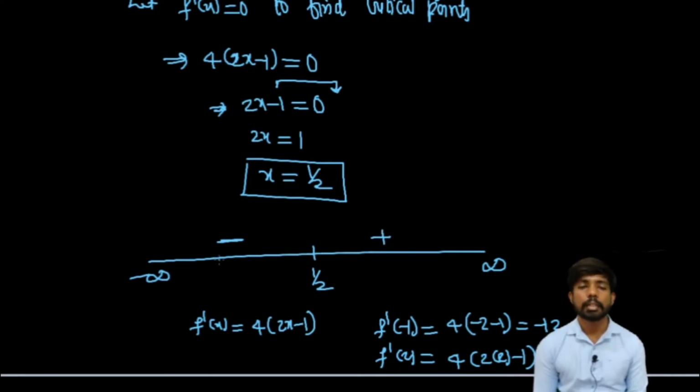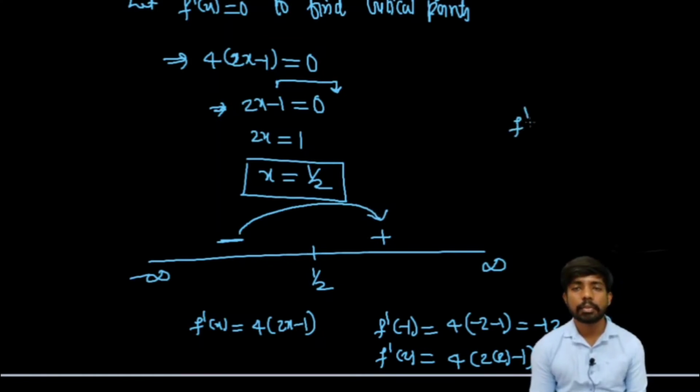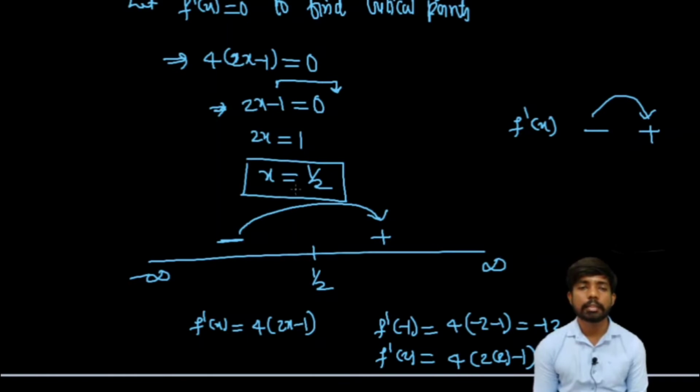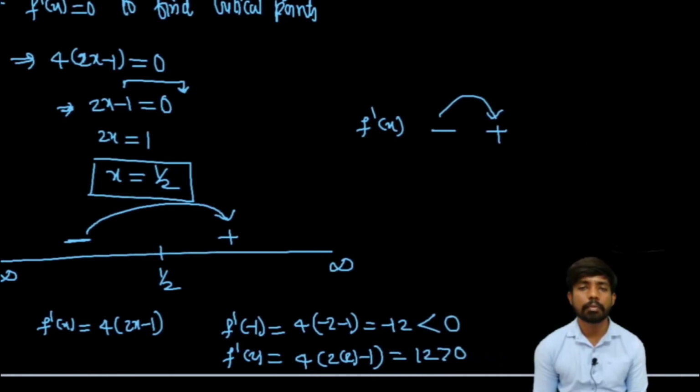Hence, from minus infinity to 1 by 2 you are getting negative, and from 1 by 2 to infinity you are getting positive. So the slope is changing from minus to plus by crossing this. What I said here, if the slope changes from minus to plus, then x is equal to 1 by 2 is the point of minima.